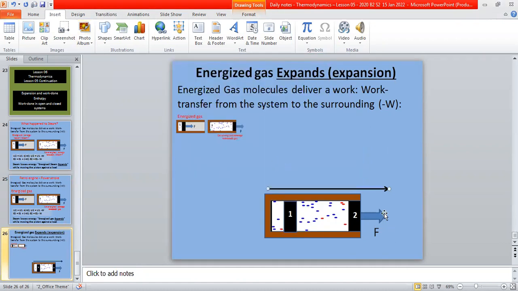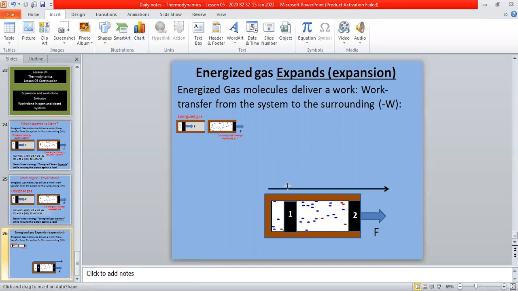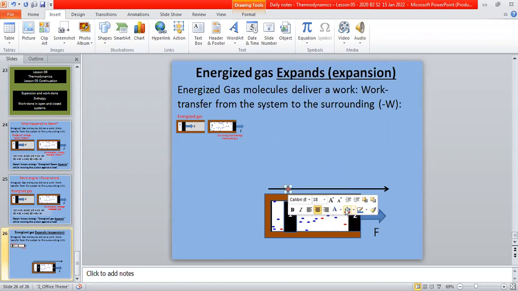Piston displacement, this axis. So expands means, one is here.